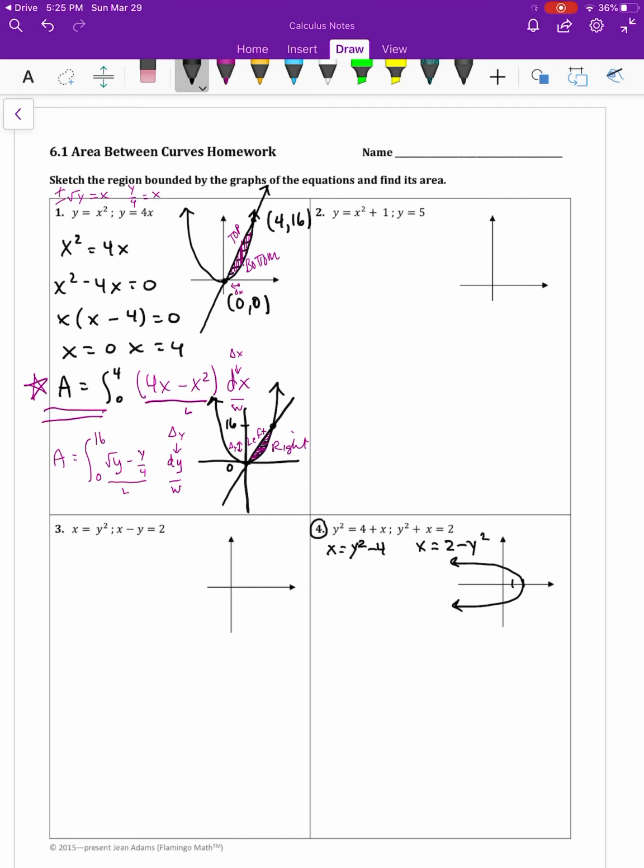And then you've got this one, x equals y squared minus 4, and that one is going this way. And so the area that they're talking about is going to be this area.